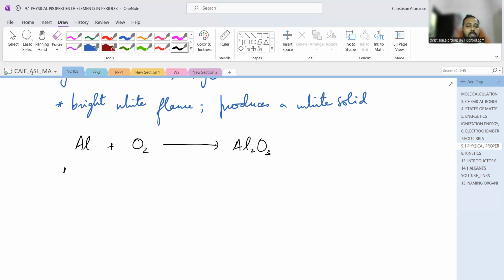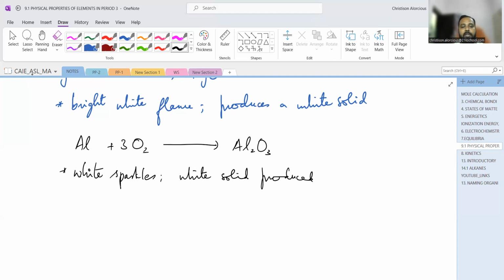Then it burns, producing white sparkles. And the aluminium oxide is also a white solid. So let's balance this. That should be 3, so it's 6. Multiply that by 2 and that by 4. Now we're done.